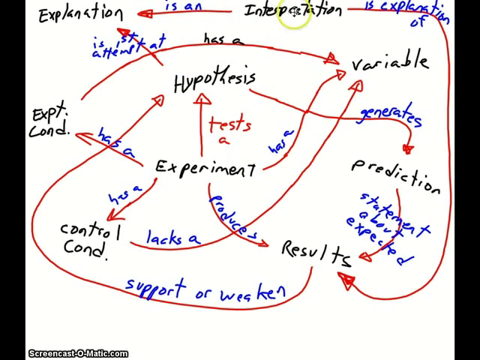An interpretation is an explanation of the results. An interpretation is an explanation. An experiment has a variable. The experimental condition has a variable. The control condition lacks the variable.